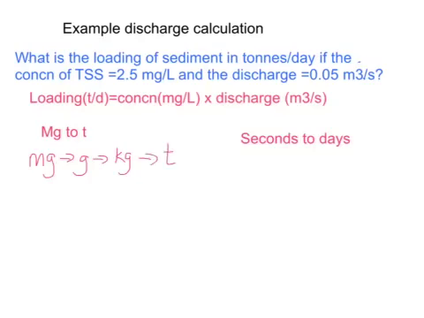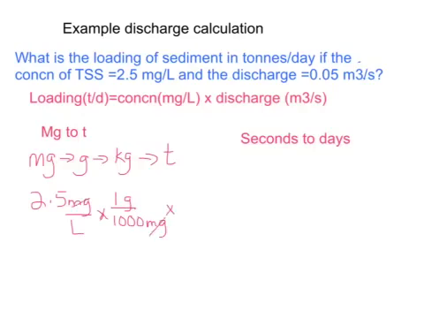And we know that we have 2.5 milligrams per liter. So I want to put my milligrams on the bottom. And I know that there are 1,000 milligrams in a gram. And that cancels my milligrams.